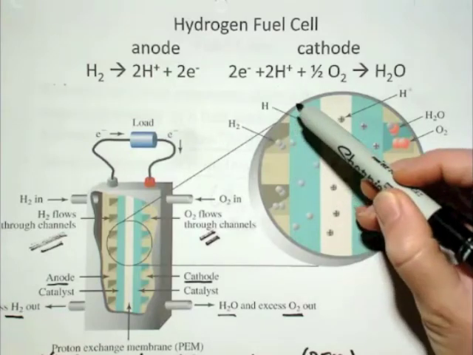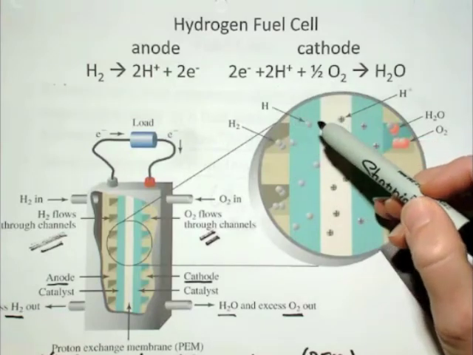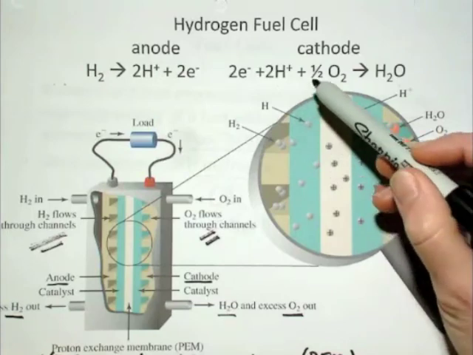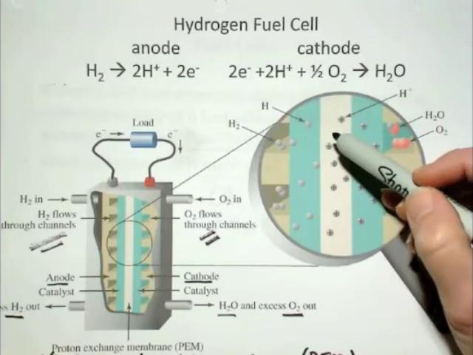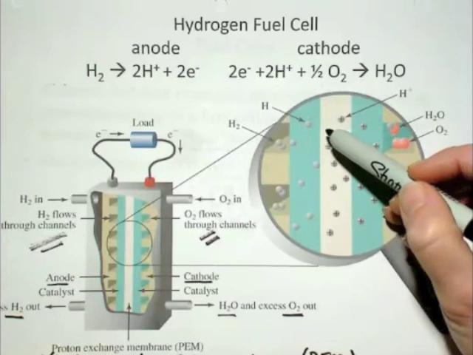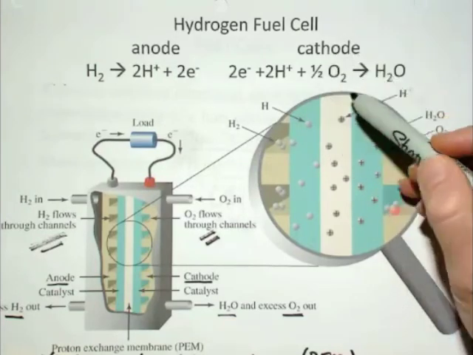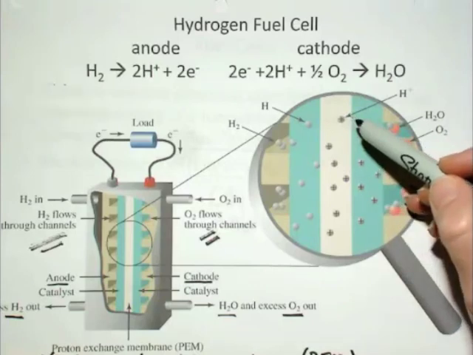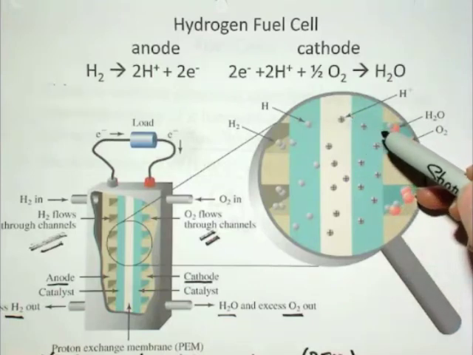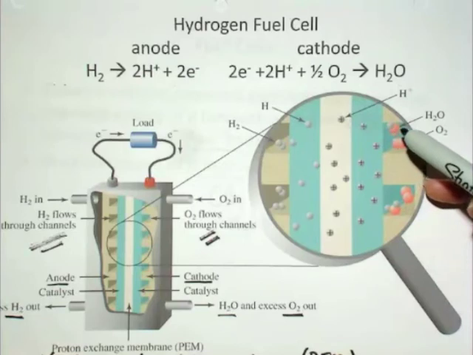So it's this push-pull action going again. At this site, the hydrogen is giving up its electrons, becoming the proton, which is H+. The proton itself, stripped of its electrons, moves across this membrane, while the electrons go through the external circuit, and the proton gets picked up by the oxygen right here to form water.